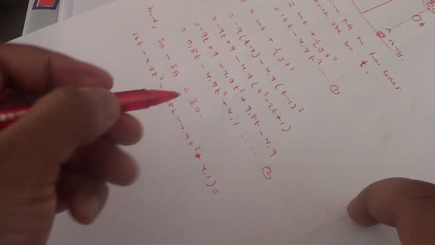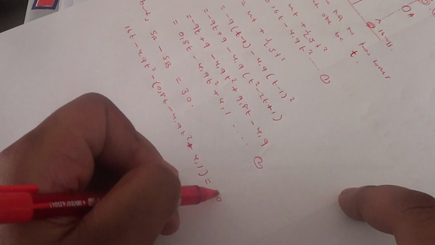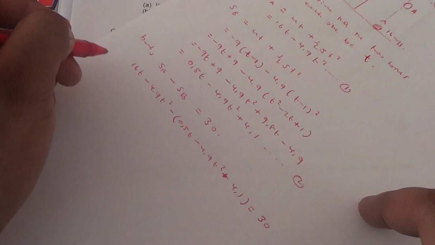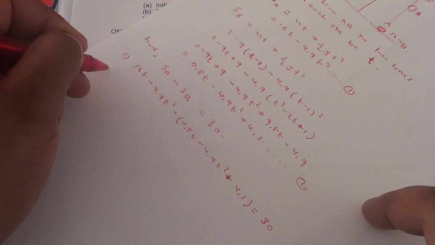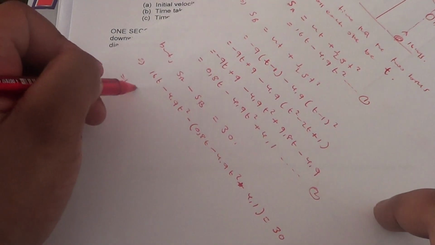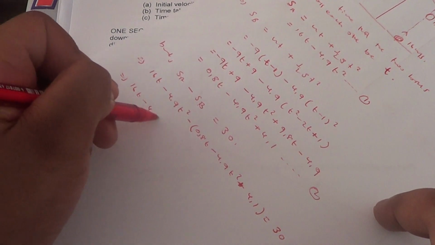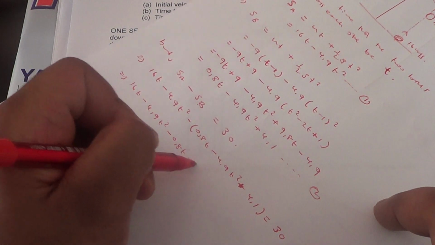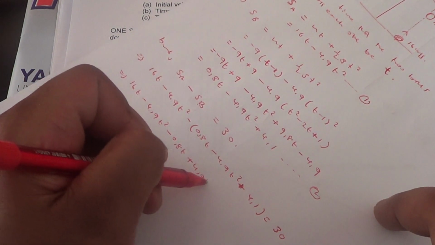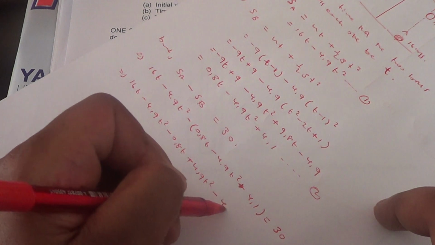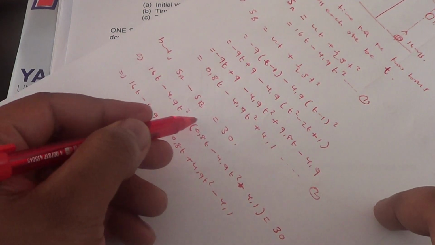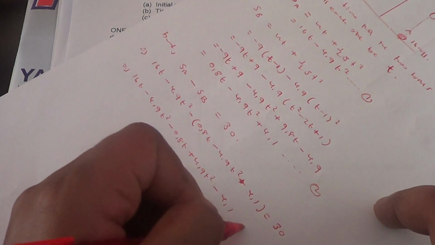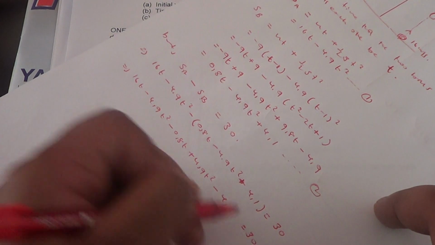So equals 30. Not a problem. Alright. That was the implication, which also implies that we have 16t minus 4.9 t squared minus 0.8 t plus 4.9 t squared minus 4.1. This is when you distribute the negative sign inside, equals 30.